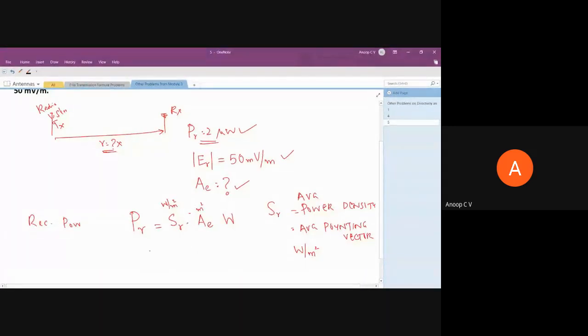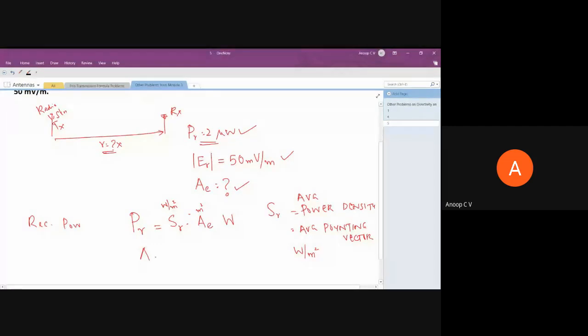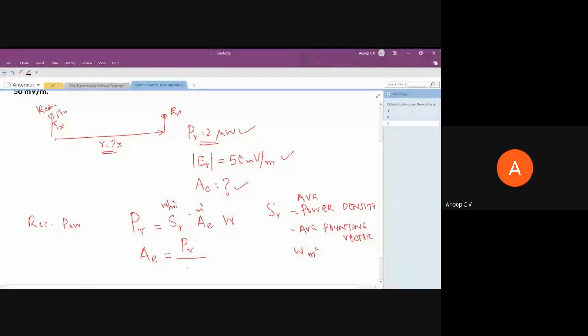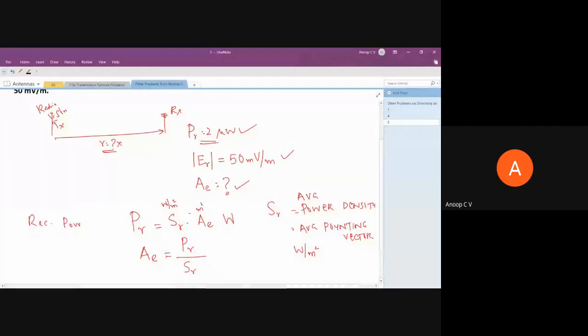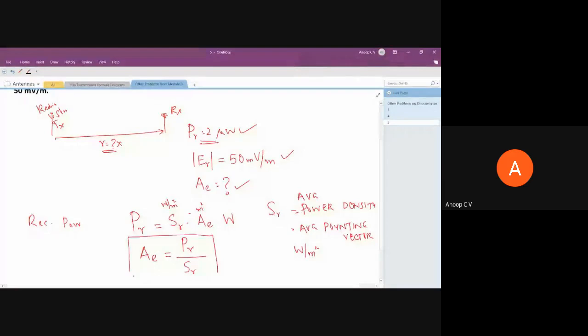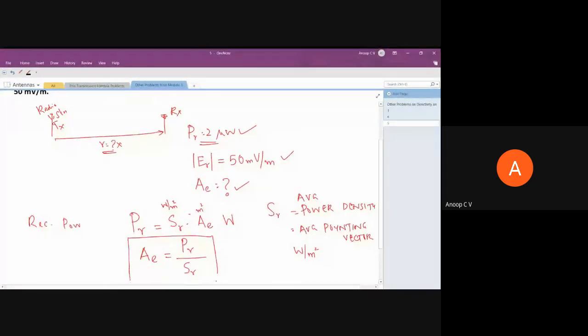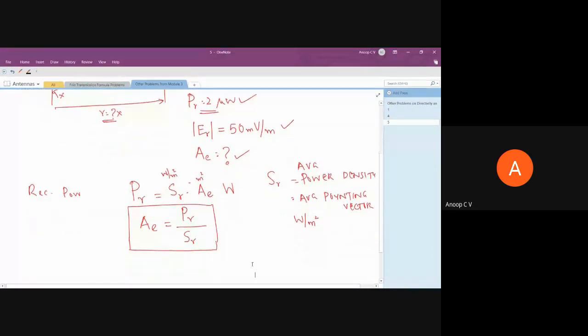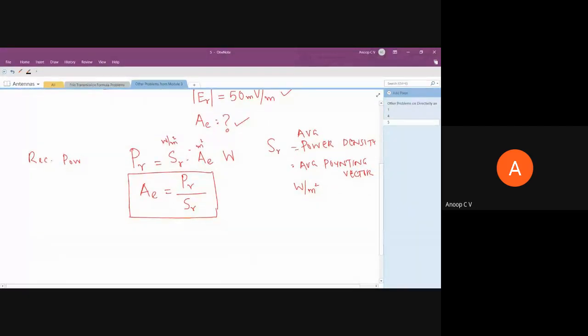So now, what is AE actually? Effective aperture can be defined as the ratio of the total power received to the power density at the antenna. So effective aperture is the total power received divided by SR, where SR is the power density in watts per meter square.